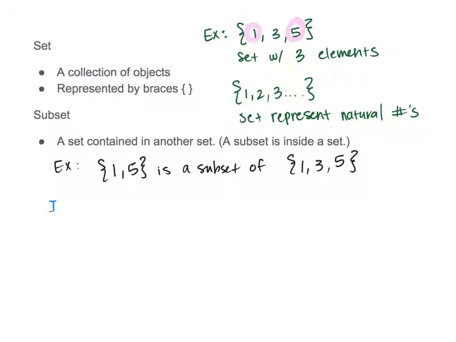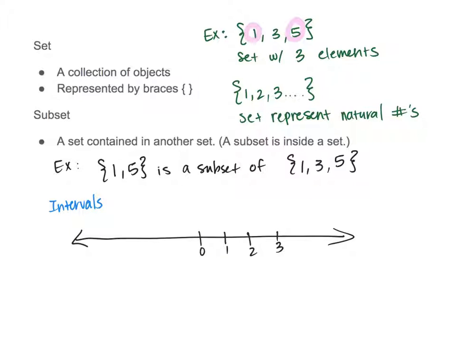Let's talk about intervals. Back when you were in 9th grade, hopefully, you had a teacher that explained to you this number line. On this number line, they might have placed some numbers like 0, 1, 2, and 3. And maybe even negative ones if you go to the left, right? The left side's typically your negative numbers, right side more of your positive numbers.